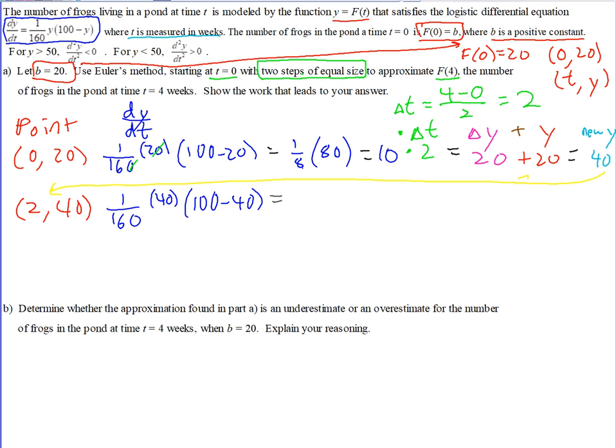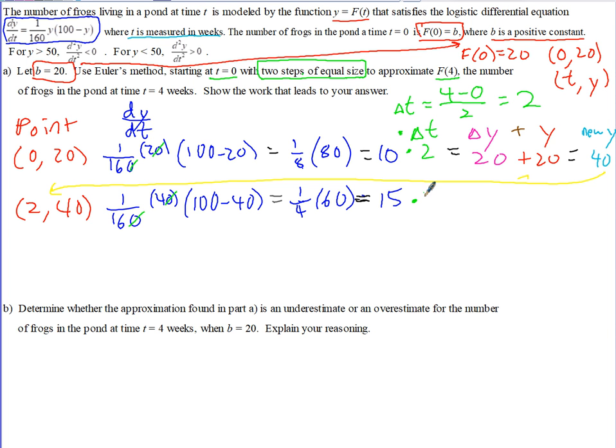So this time again, zeros reduce out here, so you get 4/16, but that reduces to 1/4. 100 minus 40 is 60, and 1/4 of 60 is 15, since 4 goes into 60 15 times. So we get our slope at this point is 15.